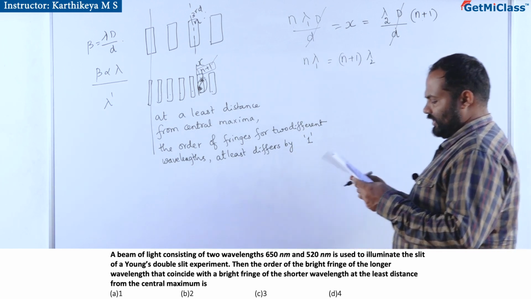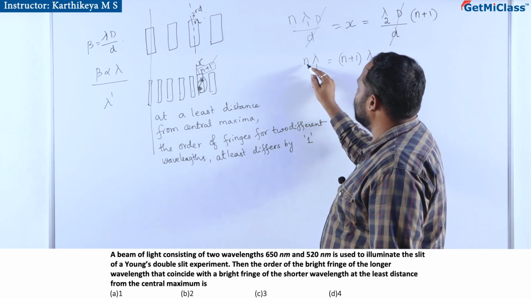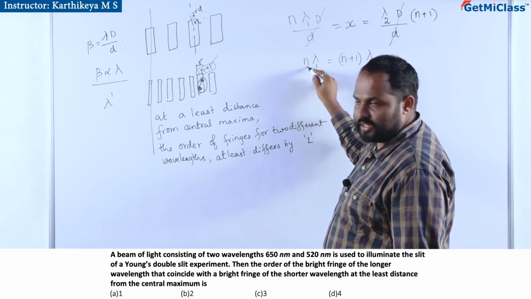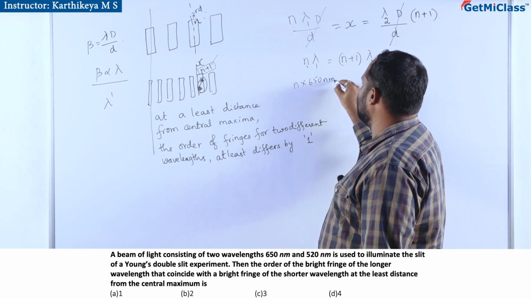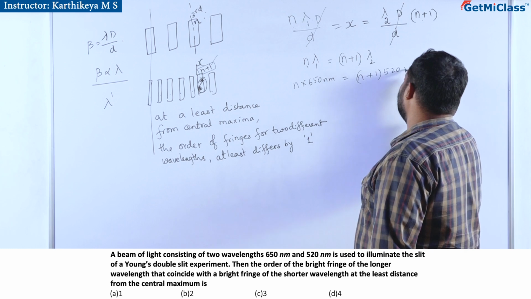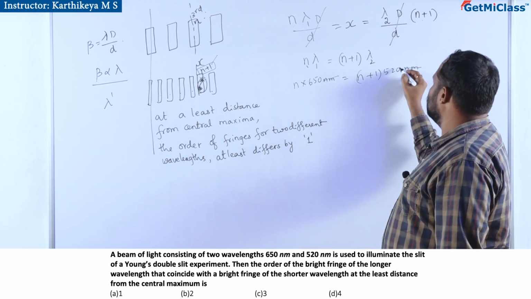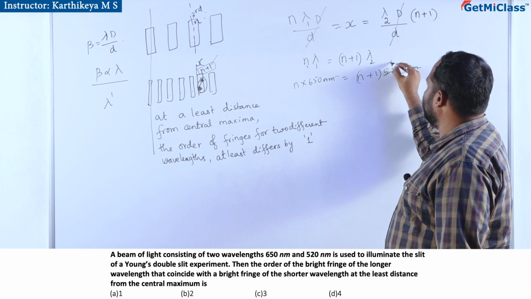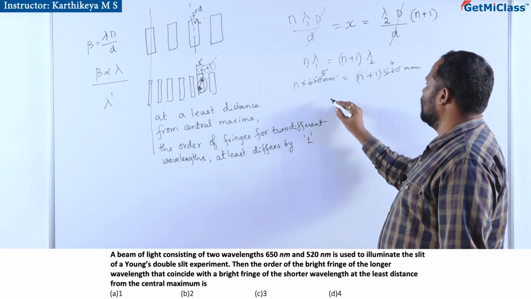So now the wavelengths are given. The larger wavelength should have the smaller order in that location. So it is 650 nanometer is equal to n plus 1 times 520 nanometer. Nanometer cancels. This is 13 by 4... This is 5.